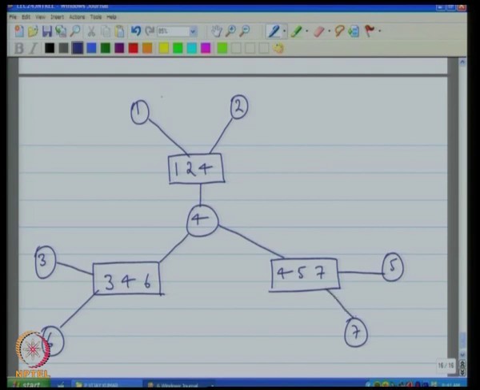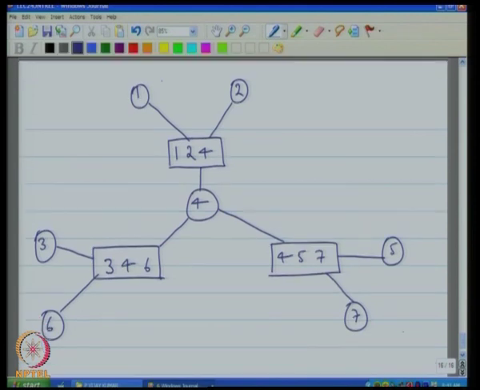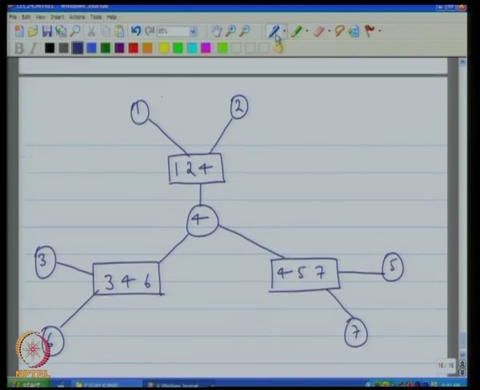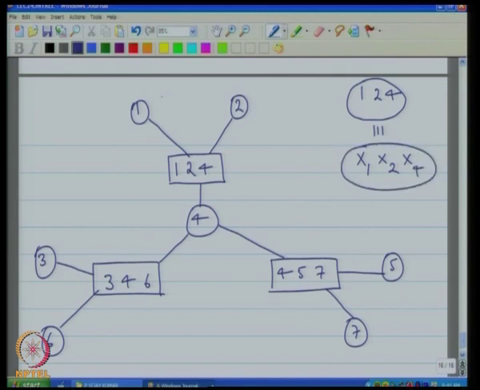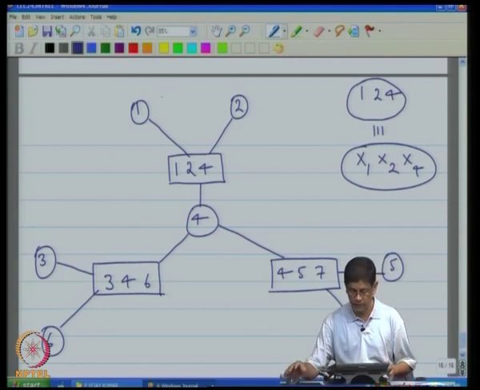You can see that I have organized all the local domains. By the way, when I write 1 to 4 and put that down as a local domain, this is completely equivalent to writing down x1, x2, x4. These are just different representations of the same local domain.